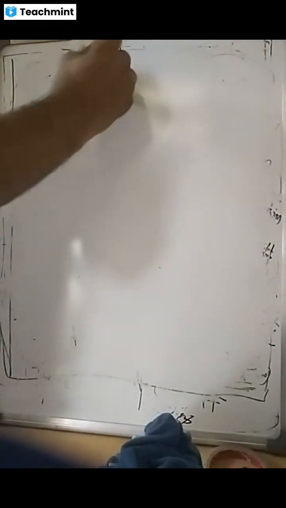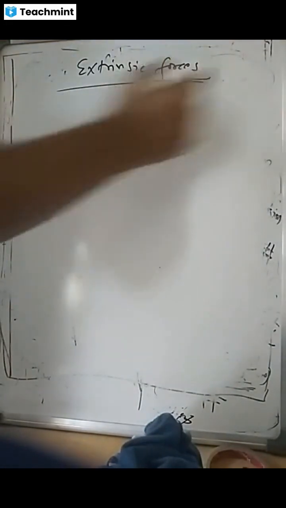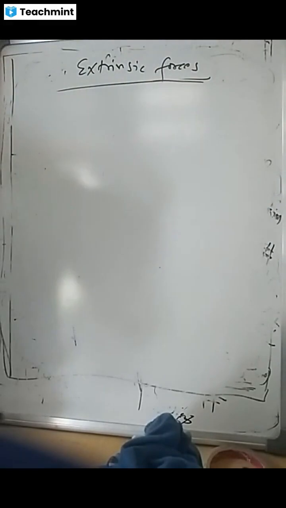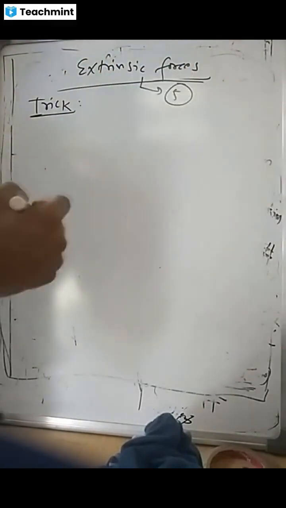So that was intrinsic or physiological forces. How to remember these five forces? Five in number.